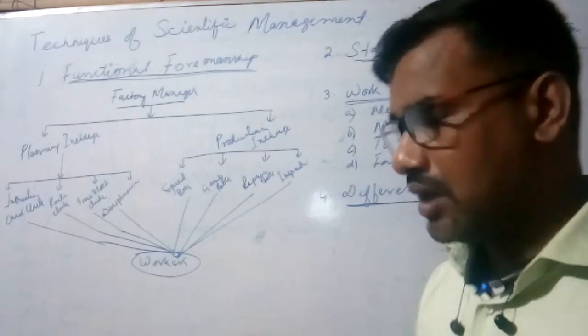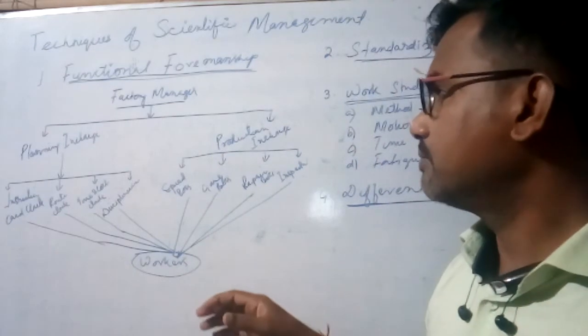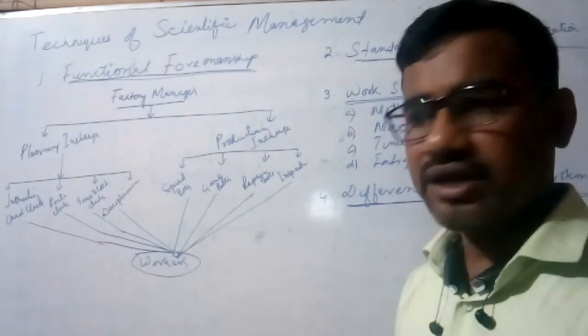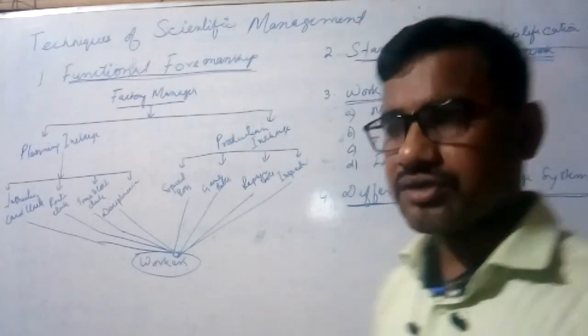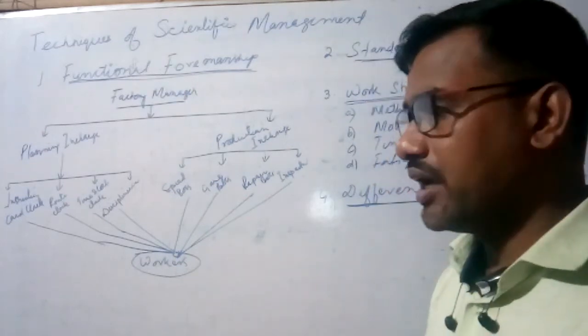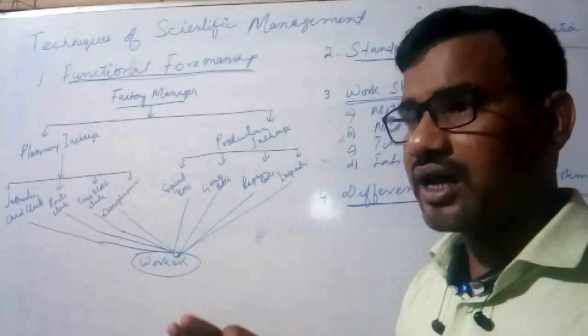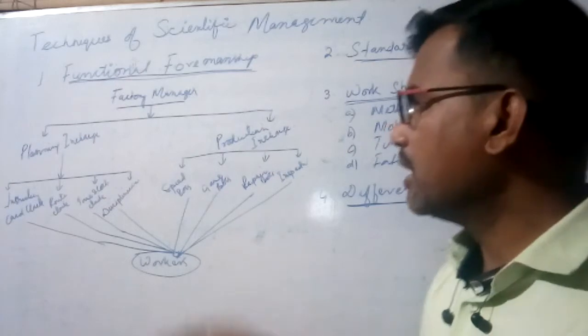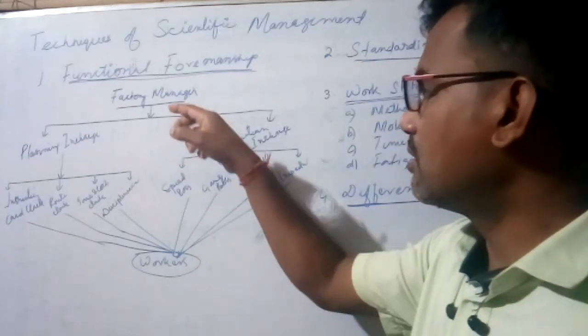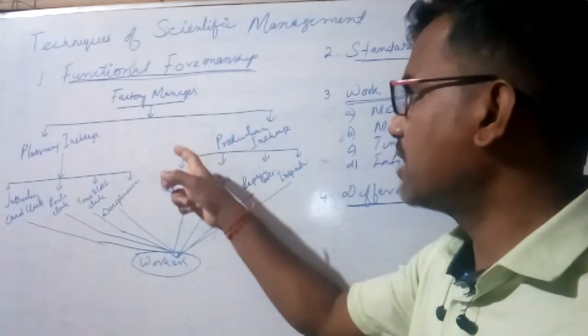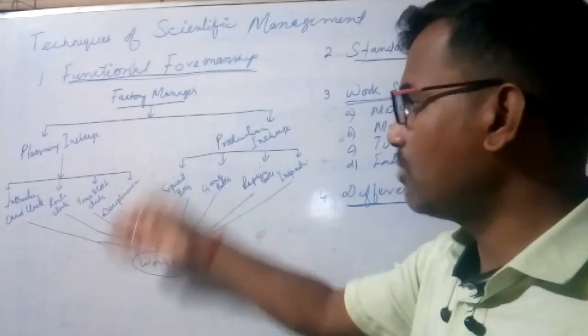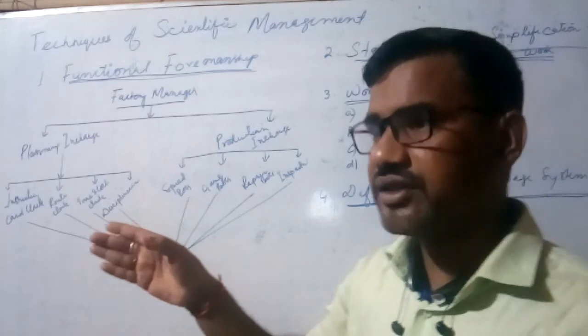According to Taylor, to bring the factory work into a very systematic and scientific way, he has given a very simple technique: he has divided the works of the factory.